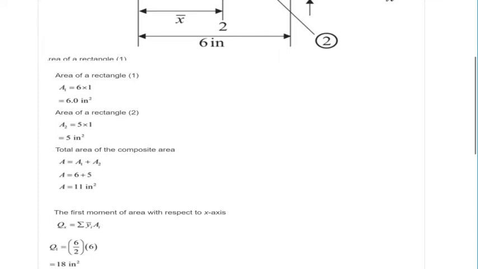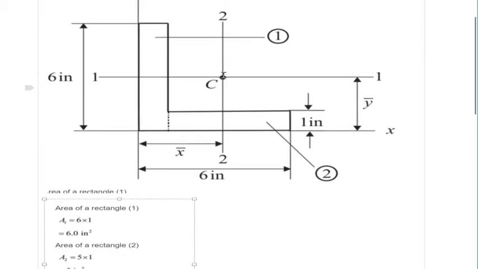Okay, so now we need to calculate d1 and d2 for area 1. Because this is going to be the point where we're going to take the product of inertia from, and we know that the product of inertia of this shape about its centroid is 0.